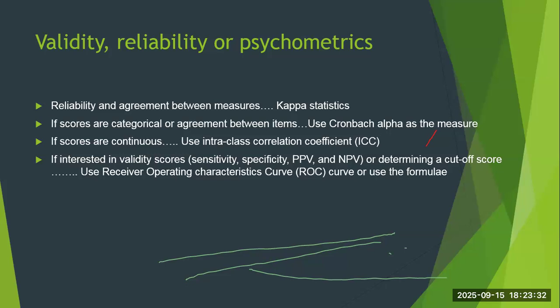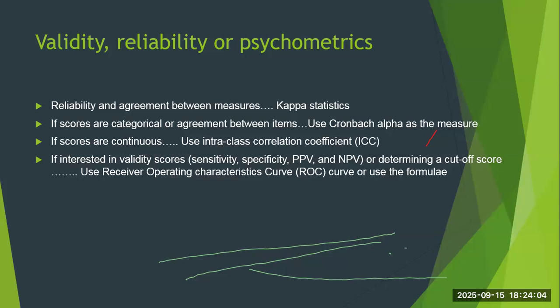But you now want to see, can you get a cutoff from your APRI score that is sensitive enough to predict the fibrosis as already determined by the gold standard. Now, this type of research is a kind of diagnostic study. So in this case, you will be trying to get the sensitivity, the specificity, the positive predictive value, and the negative predictive value of the APRI score in determining liver fibrosis.